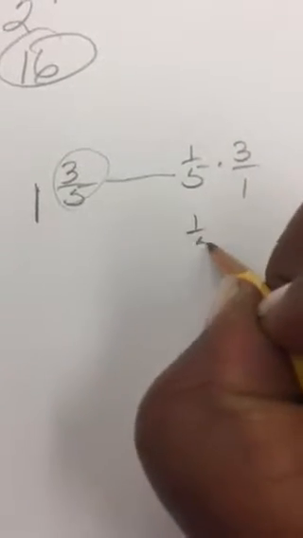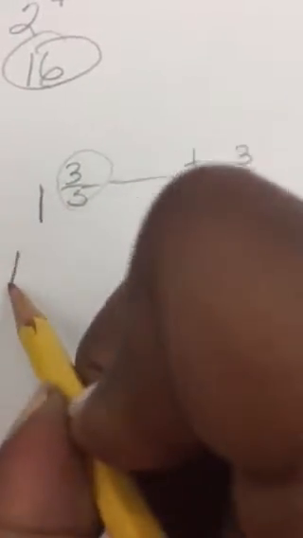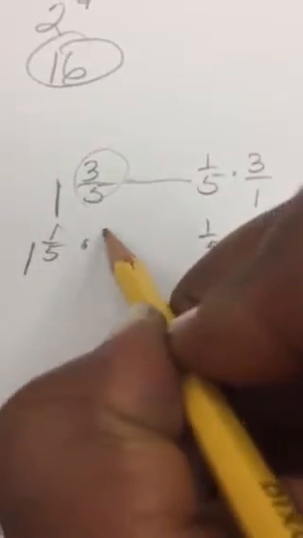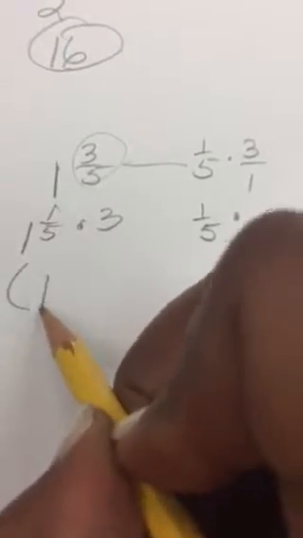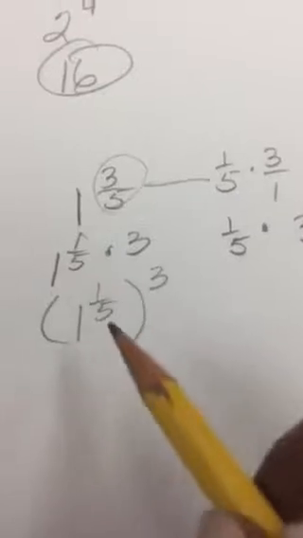So that's going to be 1 over 5 times 3. Let's see how that works. So 1 to the 1/5 times 3. If I put that in parentheses, 1 to the 1/5, times 3, that means I want the 5th root of 1.